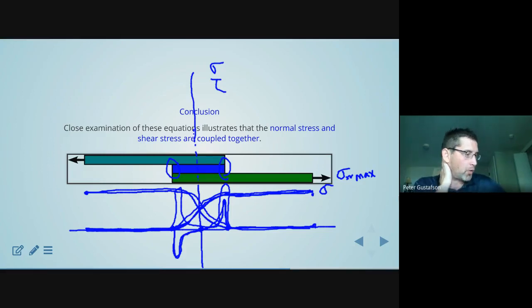Okay, so Nicole's asking a question in the chat. Is this still a relevant question, Nicole? Can you explain again how you know where the stress is sigma max and where it is 0? So yes, we know it's going to be sigma xx, the maximum load that this structure carries, on the right-hand side and the left-hand side.